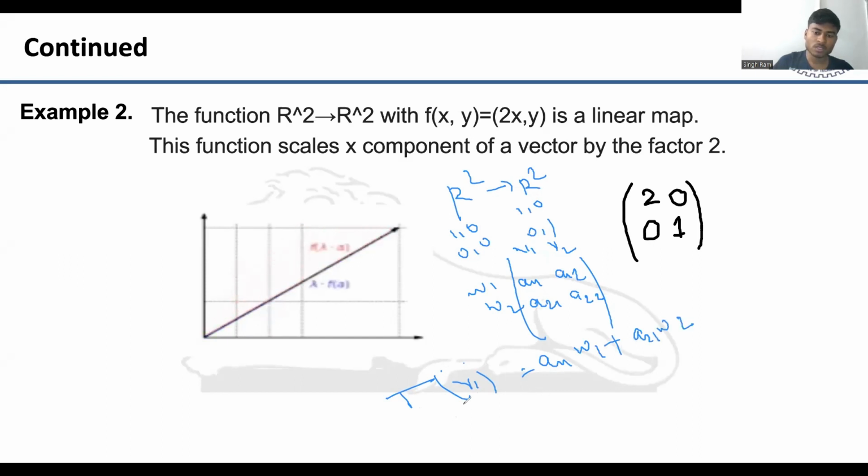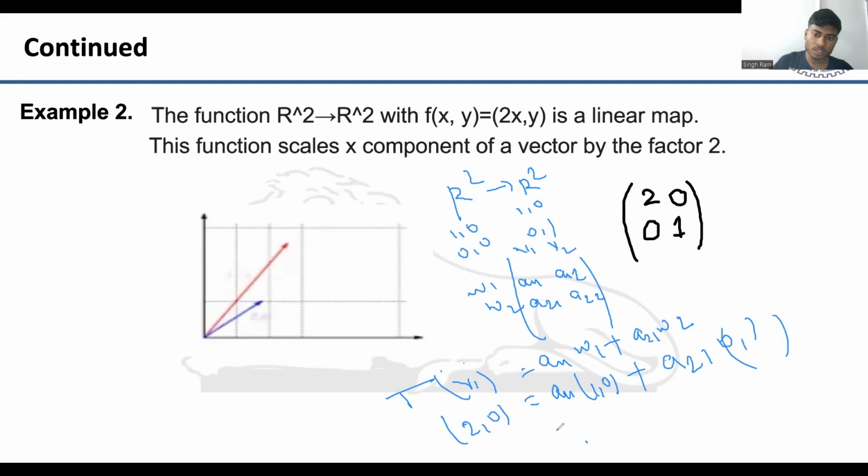If we apply V1 as 1 0, then we get 2 0, and here we will get A11, and W1 is nothing but 1 0, and plus A21, we don't know, W2 will be 0 1, right?